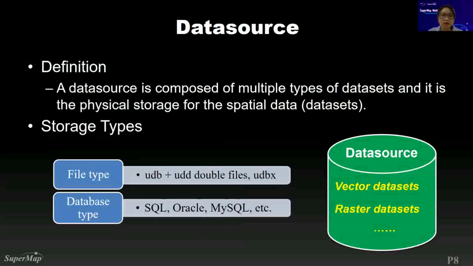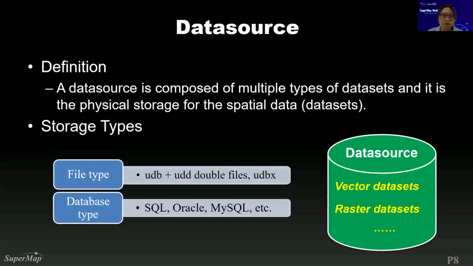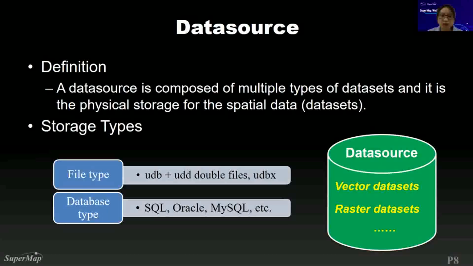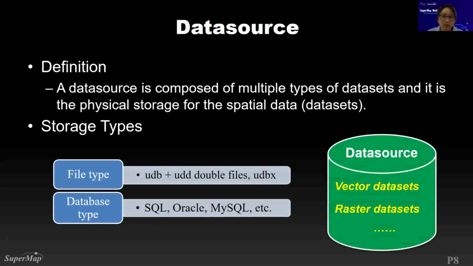Next is the data source. A data source is composed of multiple types of datasets, and it is the physical storage for the spatial data. There are also two ways to store a data source. One is the file type, such as the SuperMap formats UDB, UDD, and UDBX.